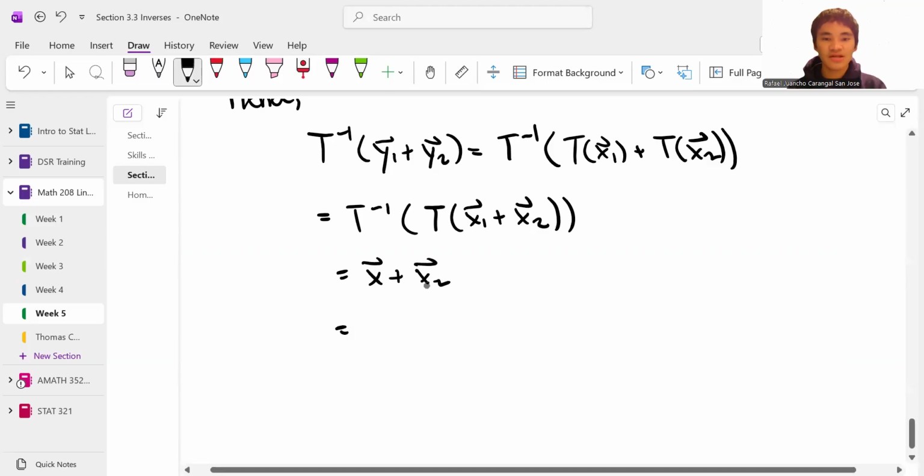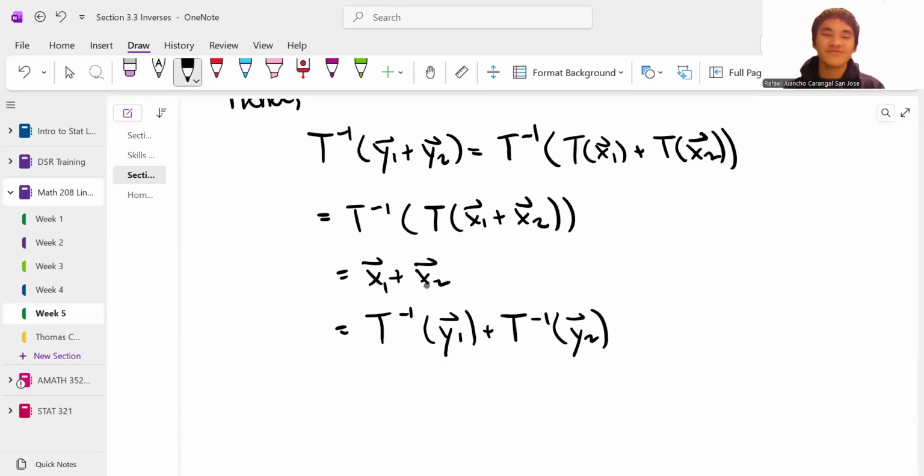And then we could rewrite this x sub 1 and x sub 2 as the linear transformations of these guys. We could have done all of that without even doing this, because there's that linear transformation property where we could literally separate these two like this. We could go from this step to this step.